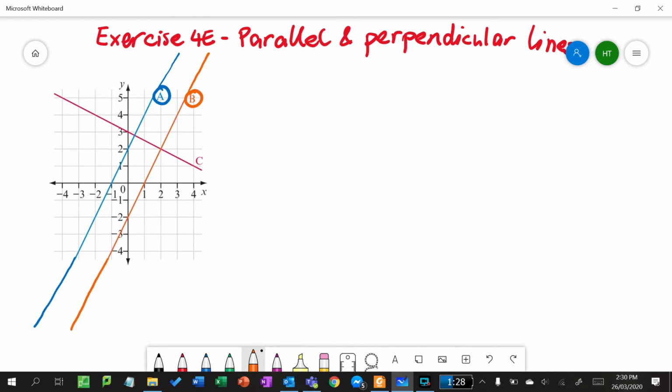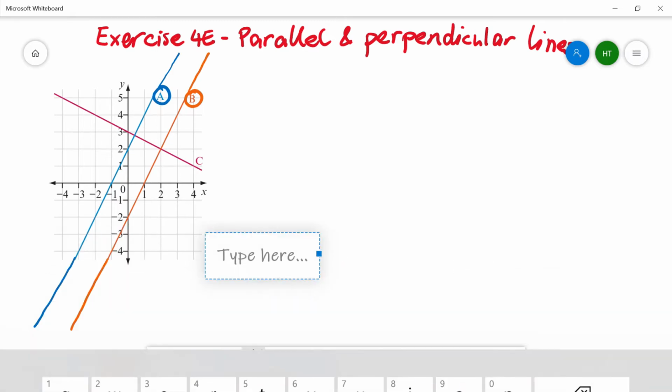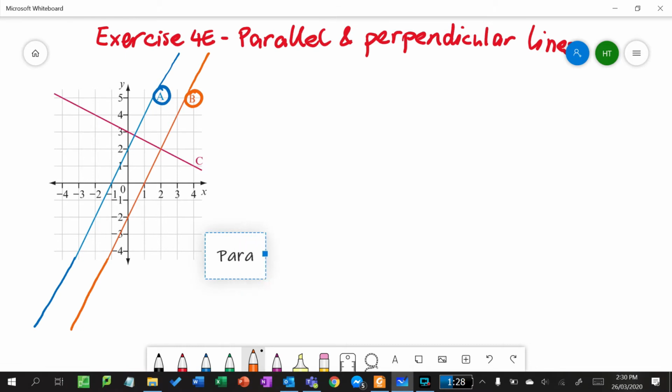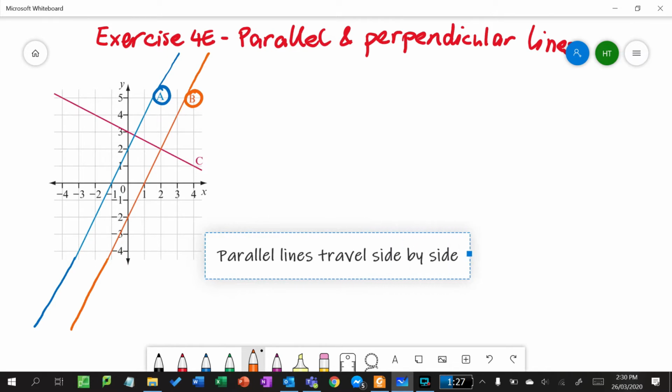So what is the characteristic of a parallel line in terms of the gradient? And I'm going to write down the definition here for you. Parallel lines travel side by side. They will never meet.